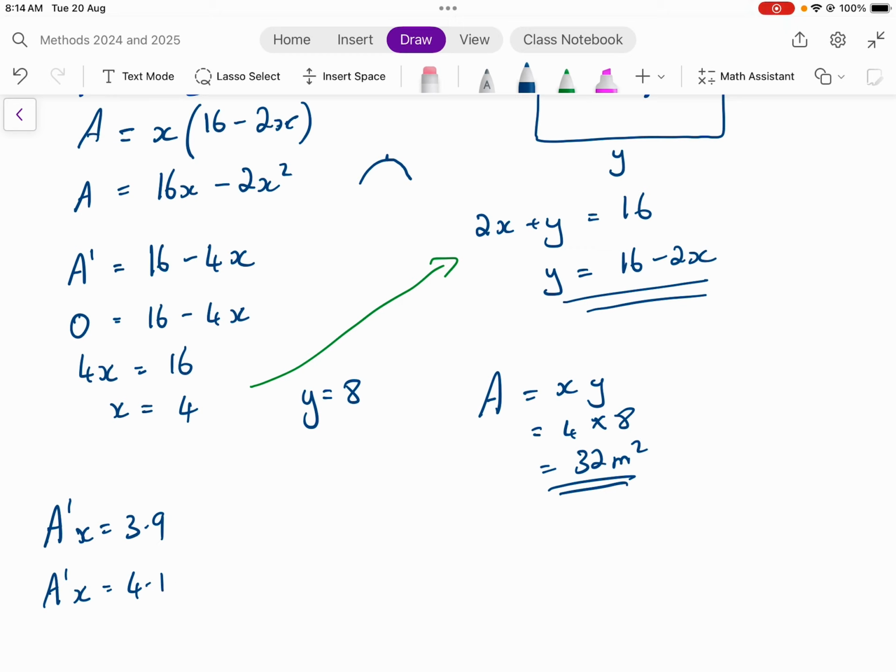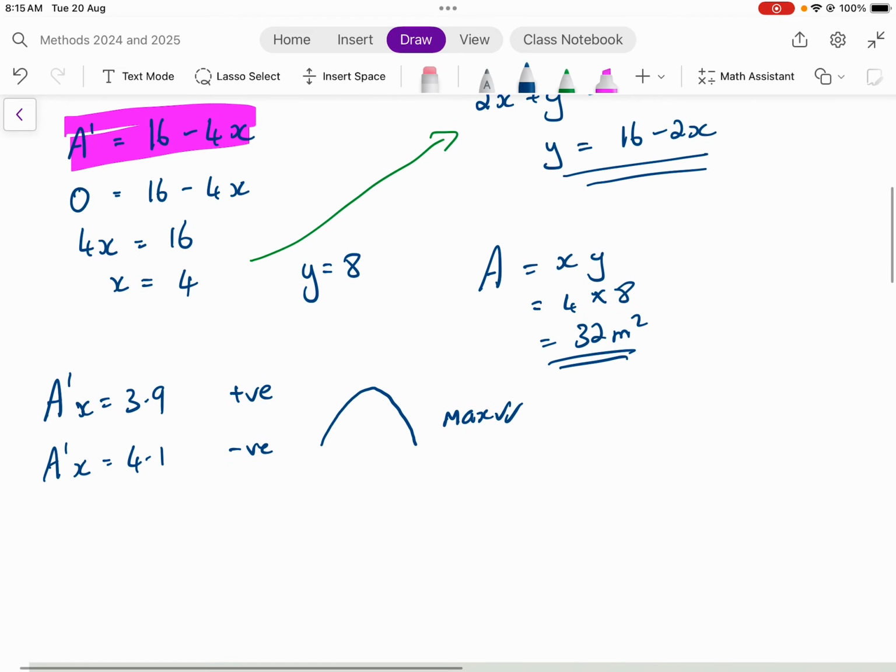So when we substitute 3.9 into the derived equation, this one up here, we get a positive value. And when we substitute 4.1 in, we get a negative value, which means that the graph before the turning point is positive and after is negative. That's one way of pointing out that this is definitely a maximum. So we have achieved a maximum.